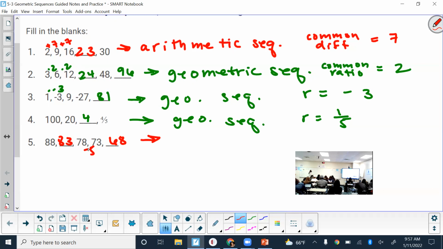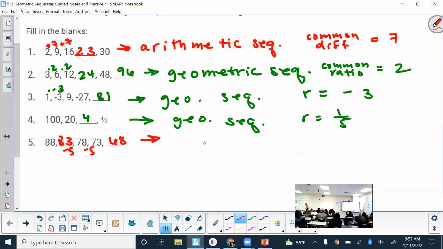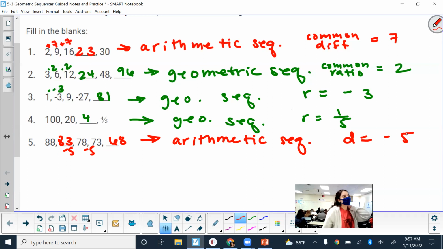All right, so since it's consistently subtracting 5 each time, what kind of sequence is that? Arithmetic. So arithmetic sequences, and this time our common difference is -5. When I say I'm adding -5 or I'm subtracting 5, those mean the same thing. All right, so questions.